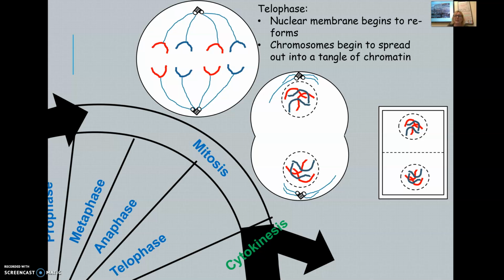The chromosomes begin to spread out into a tangle of chromatin. So towards the end of telophase, we won't even see them anymore, but towards the beginning, you'll actually see them.